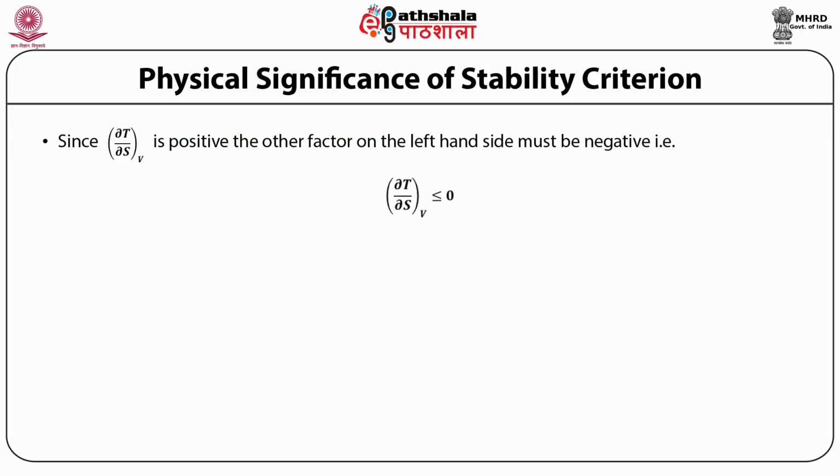Since (∂T/∂S) at constant volume is positive, the other factor on the left hand side must be negative. That is, (∂P/∂V) at constant temperature is less than or equal to 0. Multiplying with minus V and taking the reciprocal, we get isothermal compressibility greater than or equal to 0.